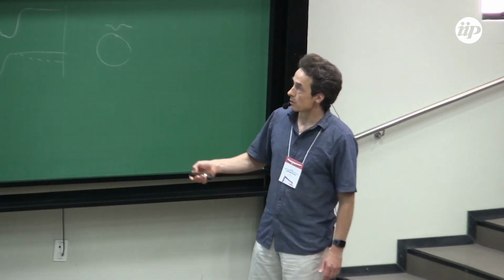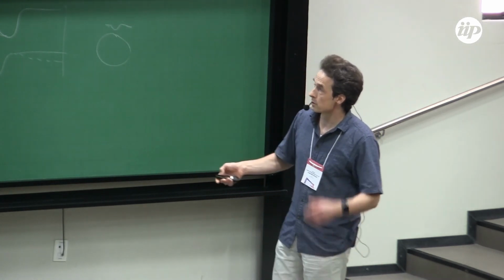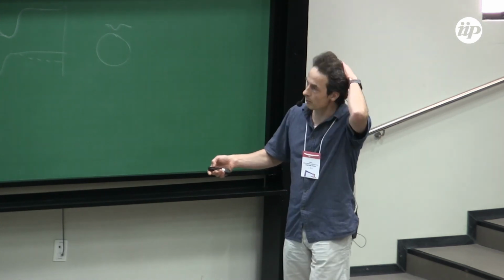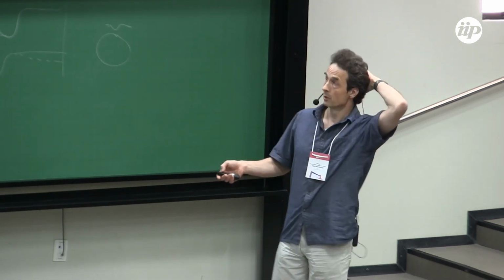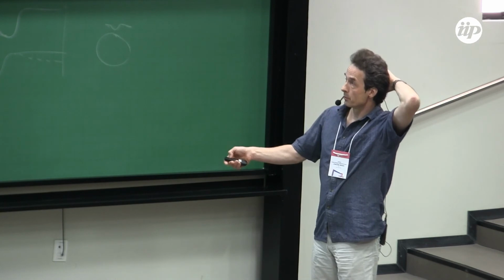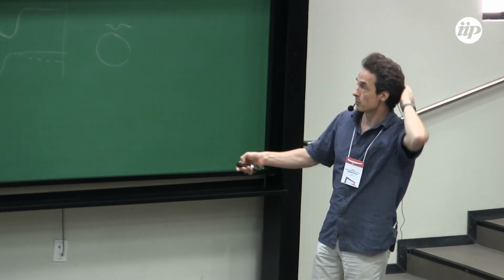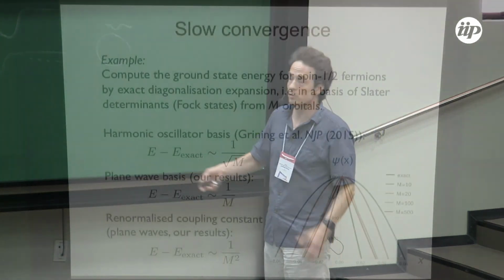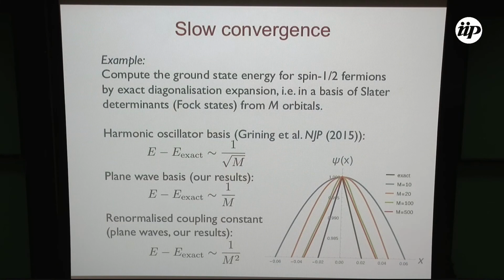So the slow convergence is a real problem. Here's a result from some quantum chemists who tried to use a harmonic oscillator basis to approximate fermionic wave functions, and they found that their energy error scales like 1 over the square root of the number of basis functions, which is ridiculously slow.